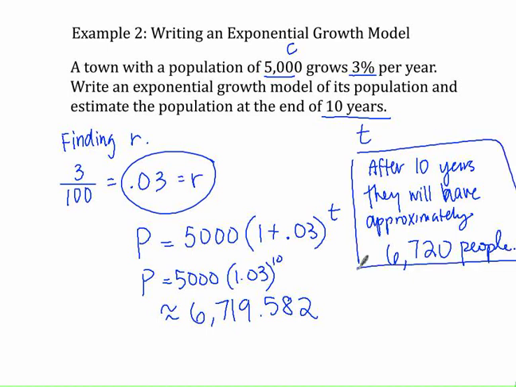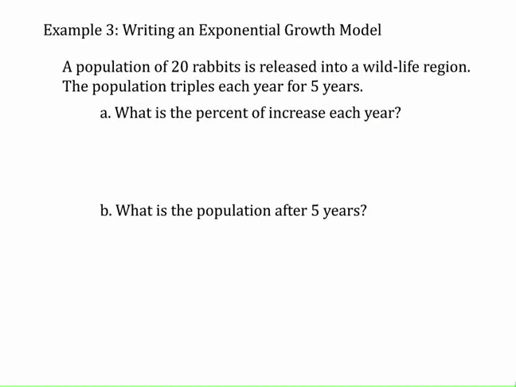Looking at the last problem. Write an exponential growth model. A population of 20 rabbits is released into a wildlife region. The population triples each year for 5 years. So looking at this again, if it triples, what is the percent increase?